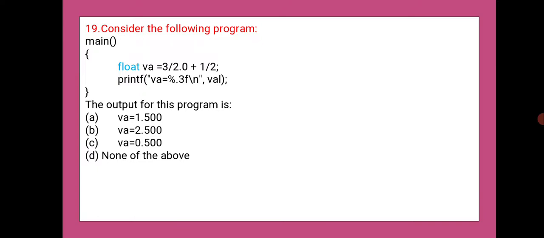So it becomes half, right? 1 by 2. The value, hence it should be 1.5. So the first one, va equal to 1.500.